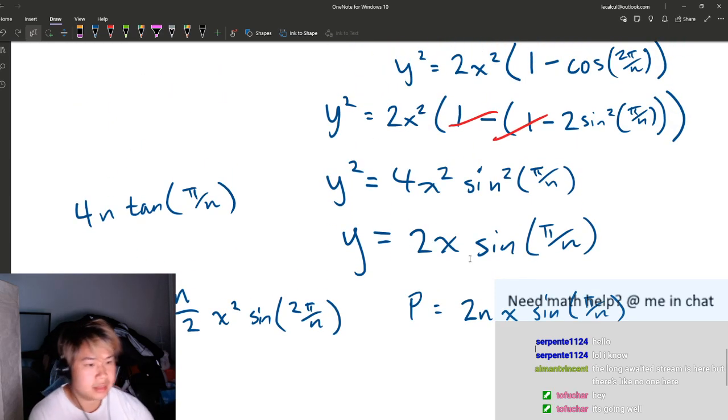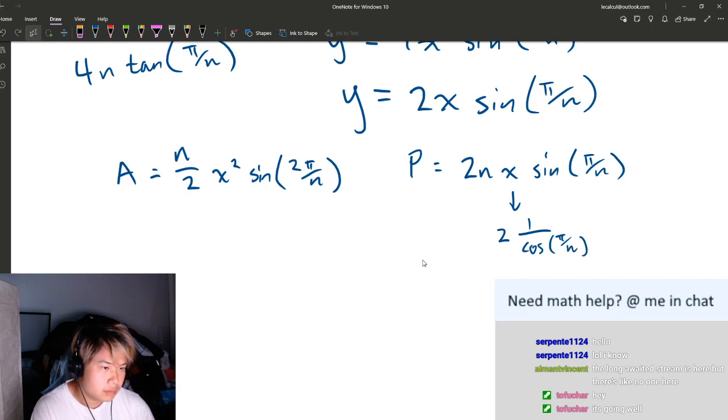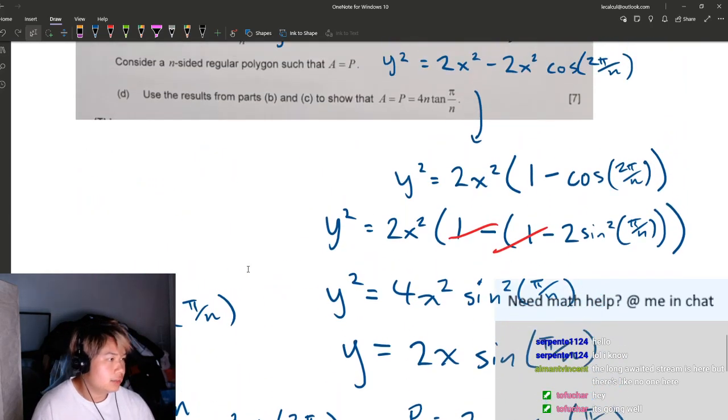In other words, that means that x needs to become 2 times 1 over cosine pi over n. Otherwise, you won't get 4n tan pi over n. So how can I show that this is true? That's what I'm thinking.